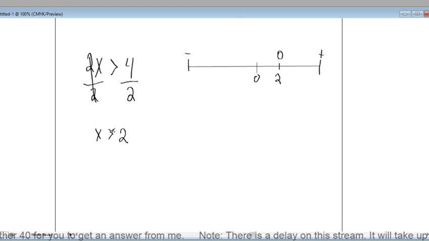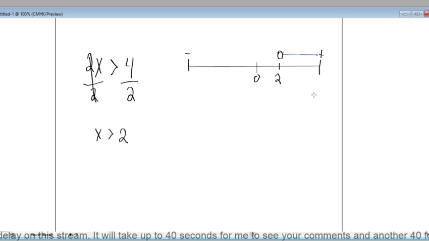And then all these solutions for x greater than 2 are going to be all the numbers that are bigger than 2. So that's going to make a line from this starting point that goes into the numbers that are bigger than 2.